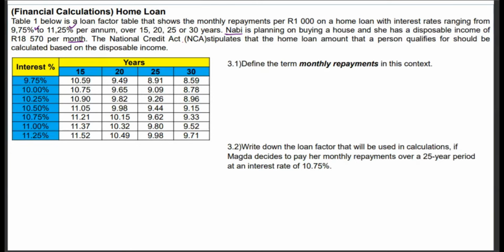The question asks us to define the term monthly repayments in this context.